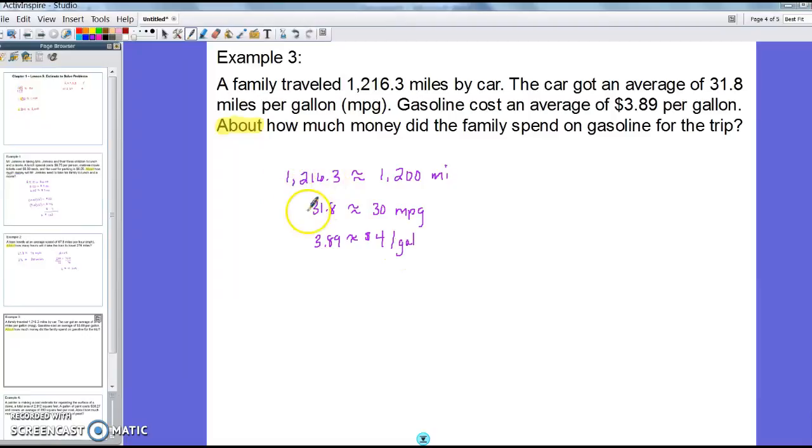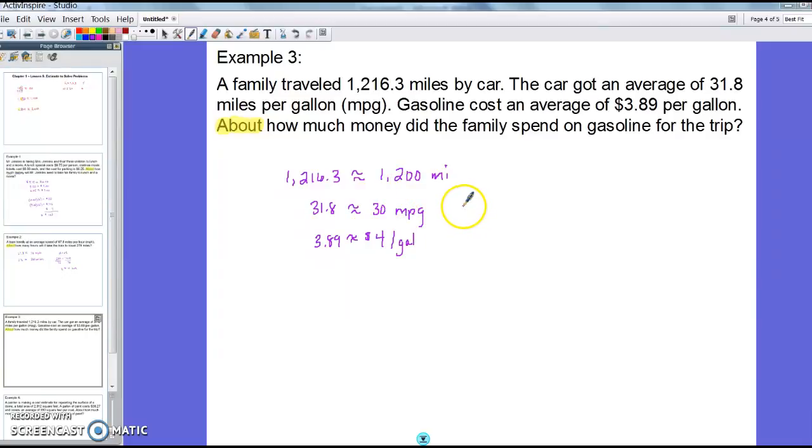Another way you can look at the rounding is if you have something in the thousands, you're going to round to the hundreds place. Here we have the tenths, so we're going to round to the ones place. Here we're just going to round this to the nearest dollar when you're dealing with money. So that might help a little bit with the whole rounding thing.